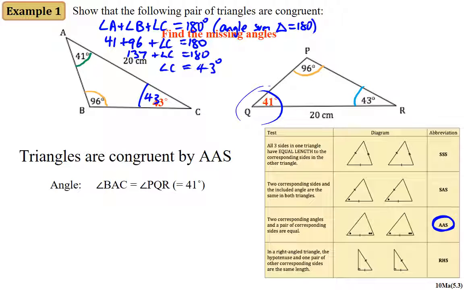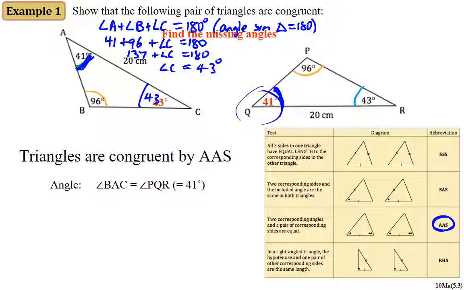Now let's have a look at it. Angle BAC, which in the triangle ABC is the 41-degree angle, and in PQR is the 41-degree angle. Really, that's when I did the example.